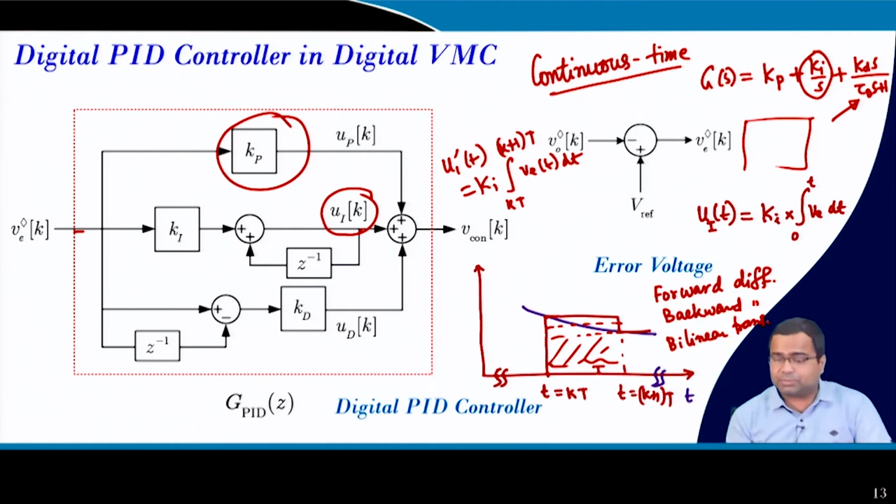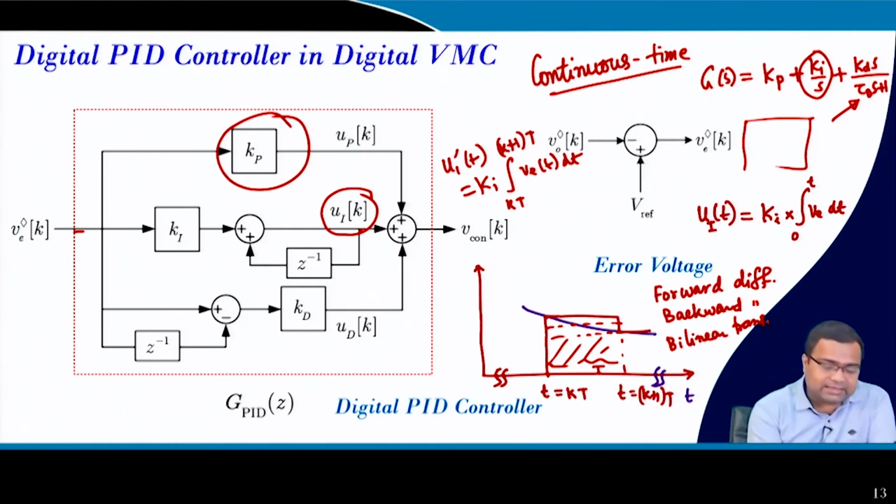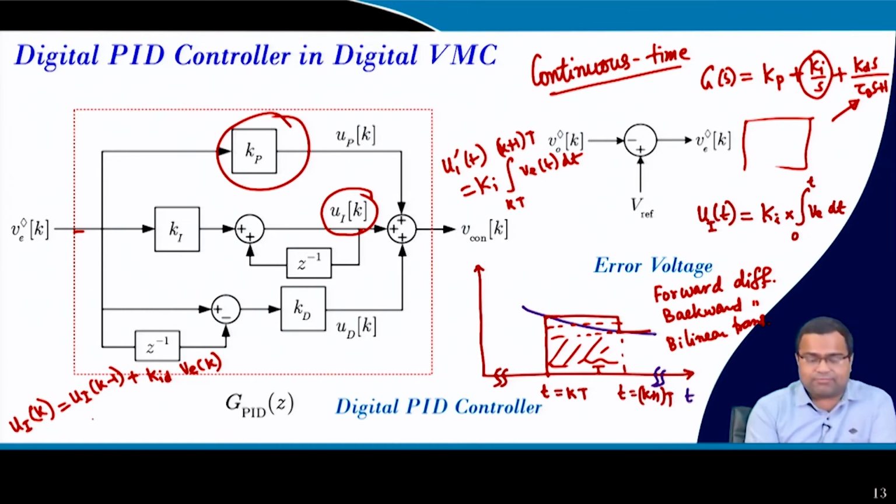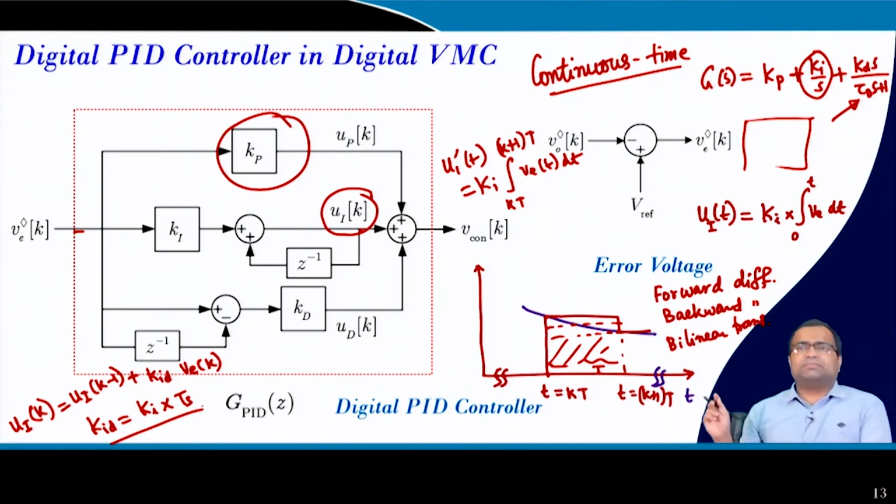I am not going into this, but if we take the backward difference formula, u(k) can be realized as u(k minus 1) plus the discrete-time integral gain times the error voltage, where Kid is simply the continuous-time integral gain times the sampling time. So, this can be represented by this.